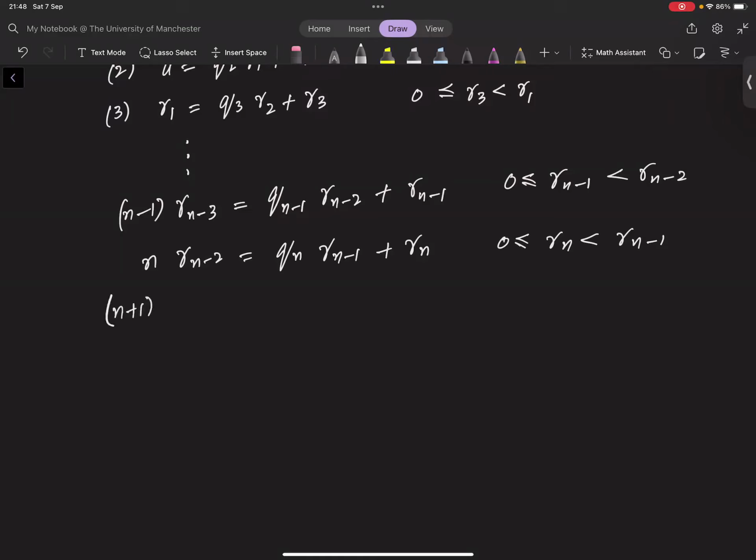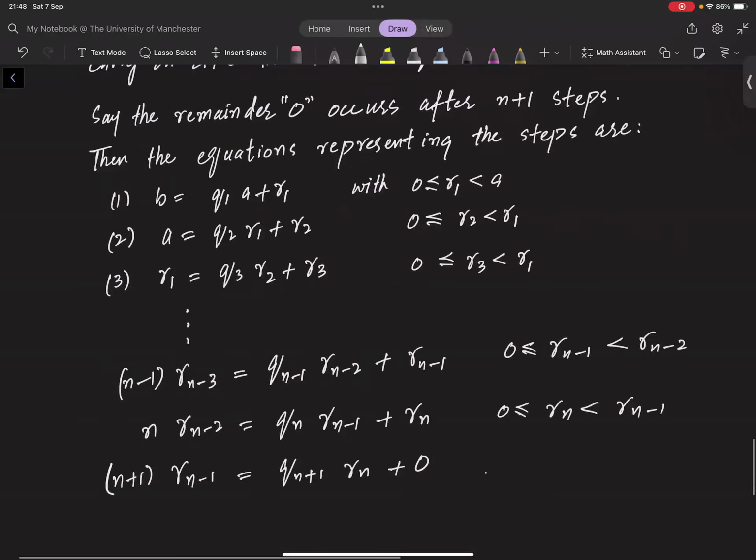And then step n plus 1 is going to be Rn minus 1 equals Qn plus 1 Rn plus 0. And there we will end the general steps.